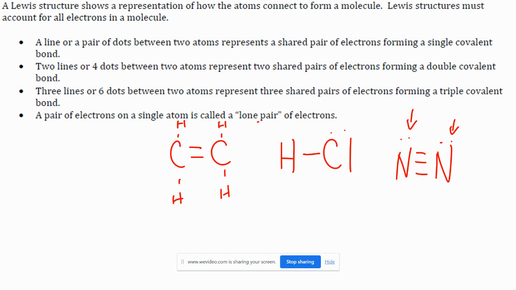Here, I didn't draw these on. The chlorine would look like that. And when they ask you for a Lewis dot structure, you have to put all of these dots around here. So that applies to every element except for hydrogen. Well, every nonmetal. For the most part, there are some exceptions, which we will get into in the coming days.